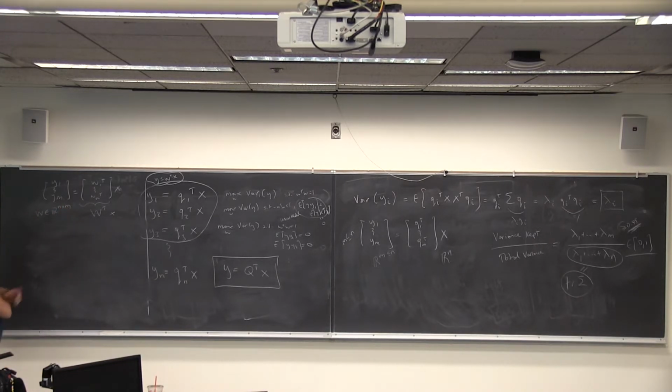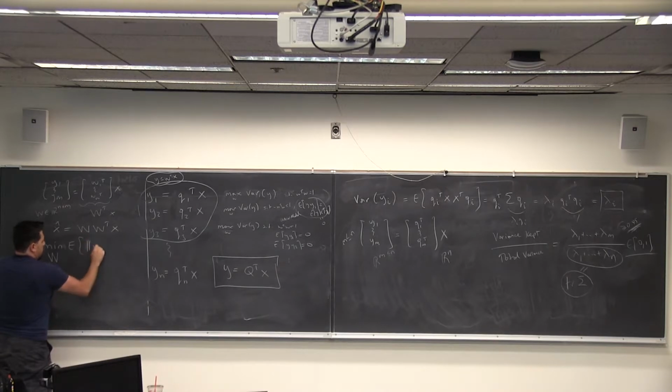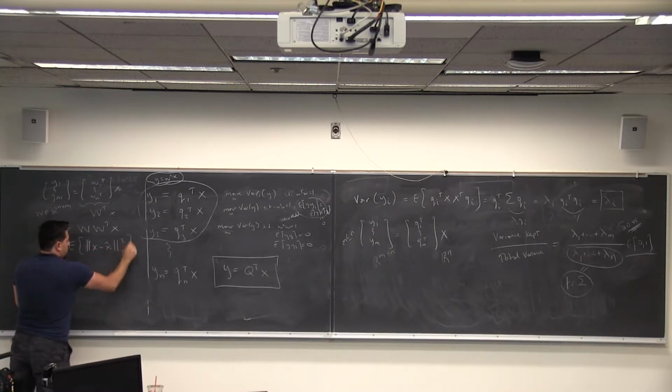Okay. So let's optimize a matrix W to minimize the squared error between x and an approximation of x reconstructed from y. An approximation of x is W W transpose x. So I will take x, project to y, which is low dimensional, and I will then reconstruct an approximation of x using W again in this fashion. So let's look for the matrix that minimizes the expected value of the norm of x minus x hat, squared.